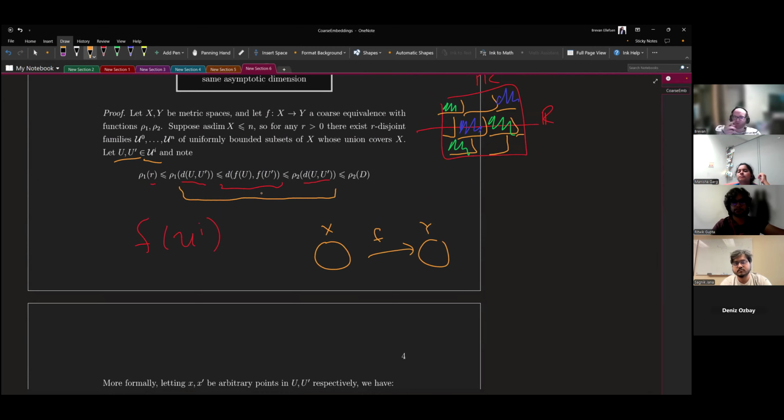If you just tried to naively follow this argument, you would end up with an infimum inside of rho 1 and an infimum inside of rho 2. And you would have to then argue you could interchange the infimums inside and outside of rho 1 and rho 2.